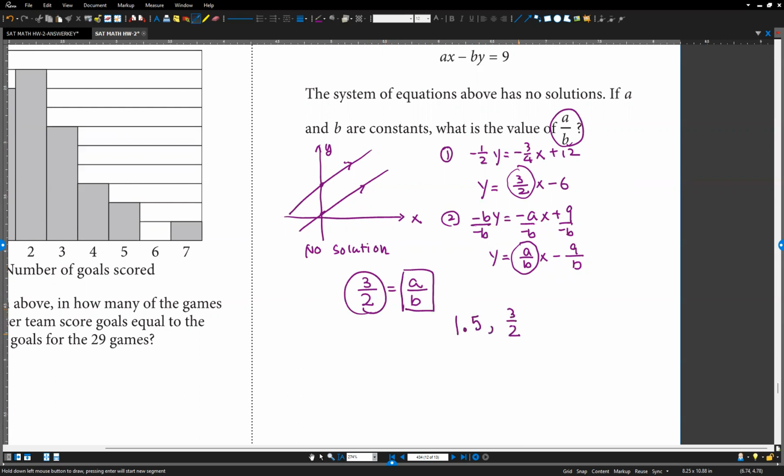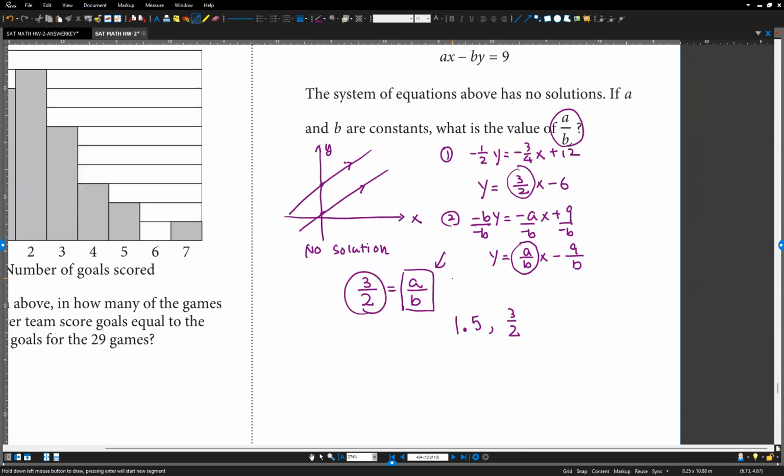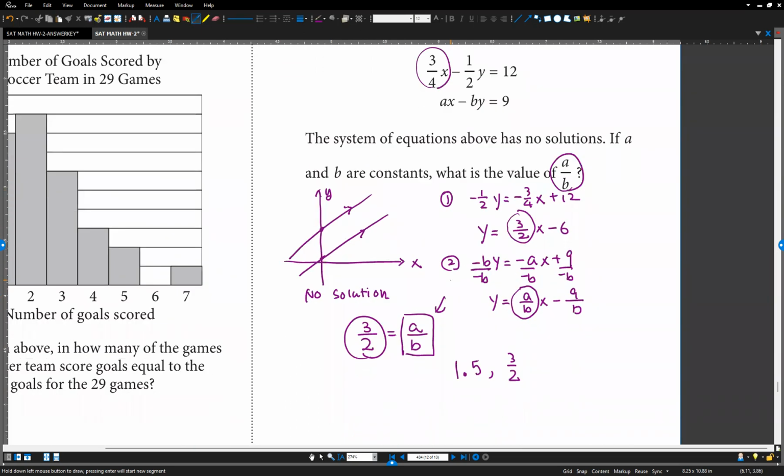That's fine, it's already given over here. You don't have to find a and b individually. We just find a/b, the ratio of a to b. Okay? That is number 36.